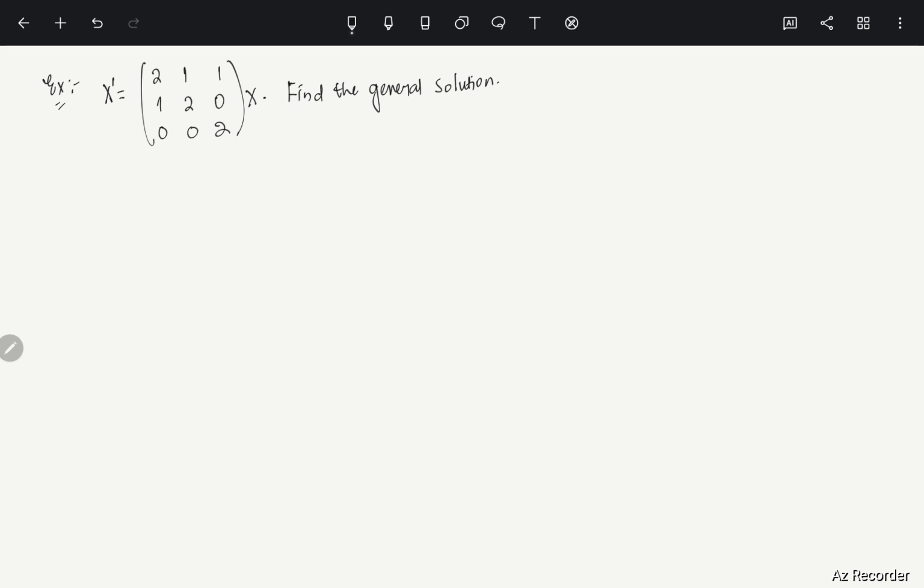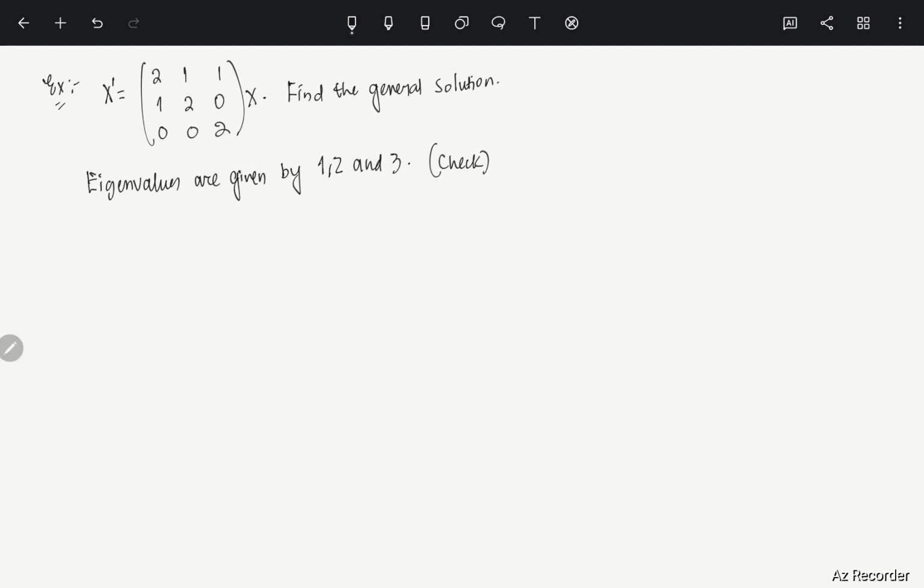Now first of all, as we have seen, you have to find the eigenvalues. The eigenvalues are given by 1, 2 and 3. Clear? You have to check this part, and it is very easy to do.